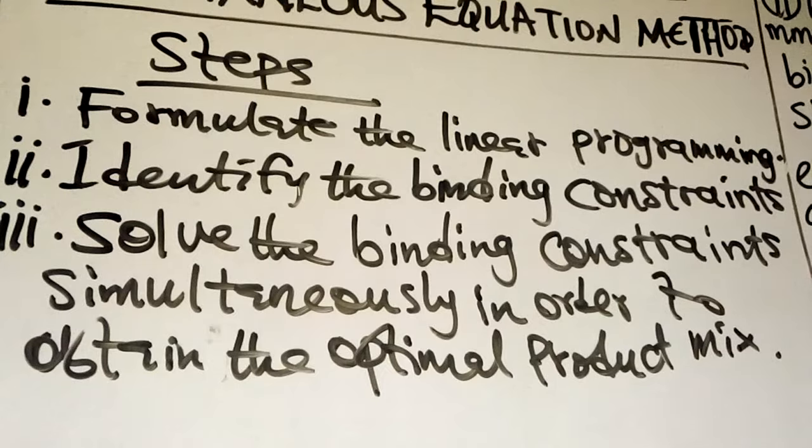That is the third step. So those are the steps you need to take when solving linear programming using the simultaneous equation method.